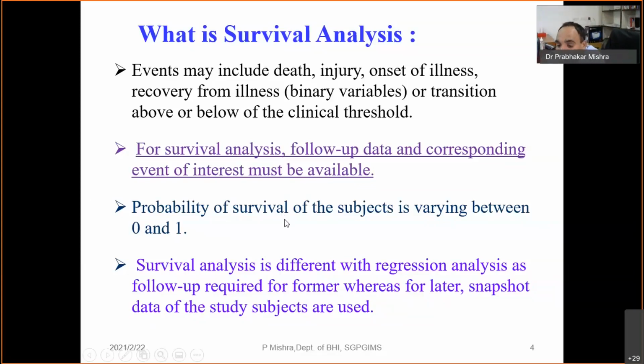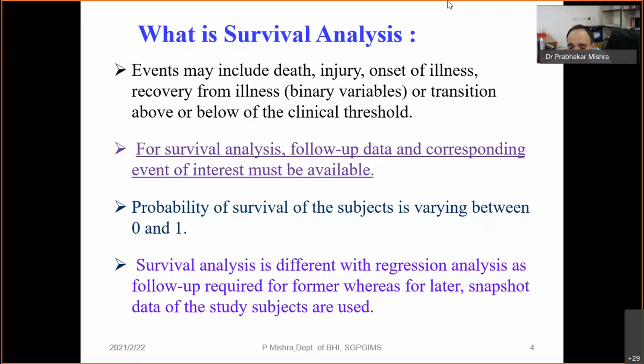The probability of survival of the subject varies between 0 and 1. We know that the probability of survival varies between 0 and 1. It means 1 is almost certain, almost certain event, and 0 is almost no event.